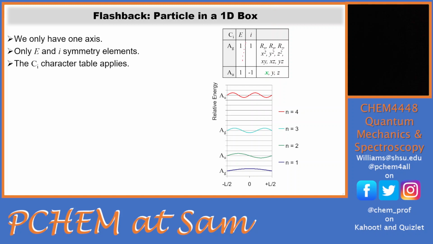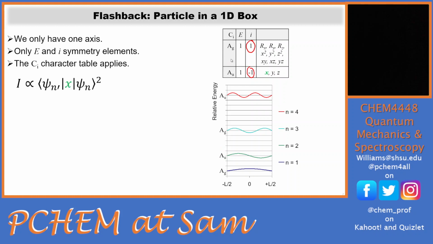So essentially, does minus x look like positive x? And so we centered these wave functions on 0. And so if the left and right look the same, minus x looks like positive x, then we have a +1 under inversion. And if they are opposite of each other, we have a -1 character. Okay, so we can look at those under inversion and label them accordingly.